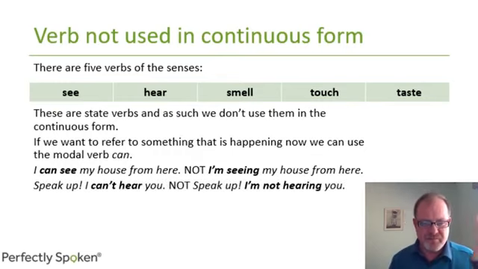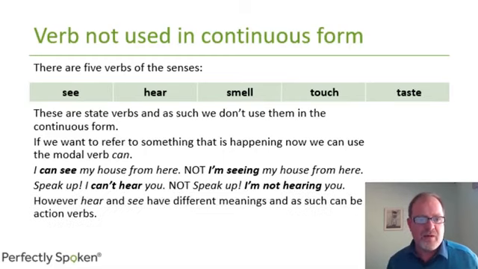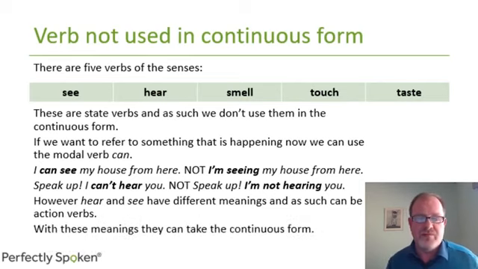Speak up, I can't hear you, instead of speak up, I'm not hearing you. It's not possible to say I'm not hearing you. However, the verbs hear and see have different meanings, and as such they can be action verbs. The verb see, for example, can mean that you are going to meet somebody.